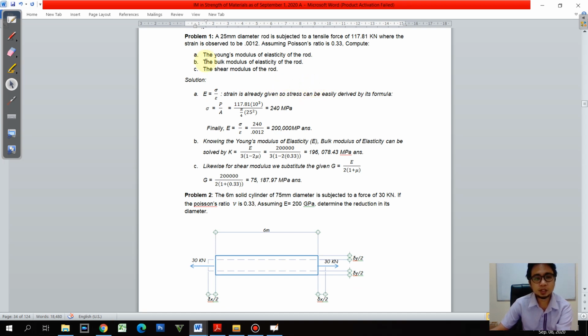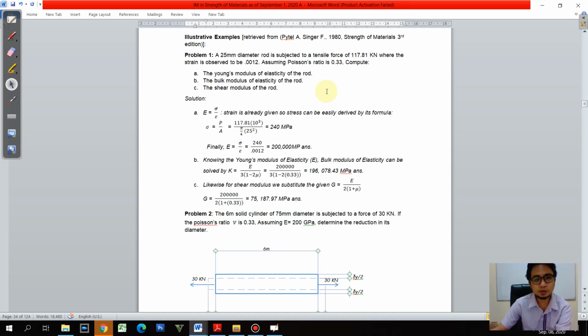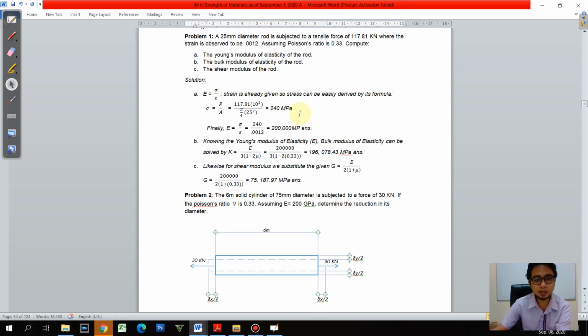So this problem is all about familiarization on the formula, because first and foremost, from the stress, we can already determine that right away. Because from stress, we can compute for the strain.